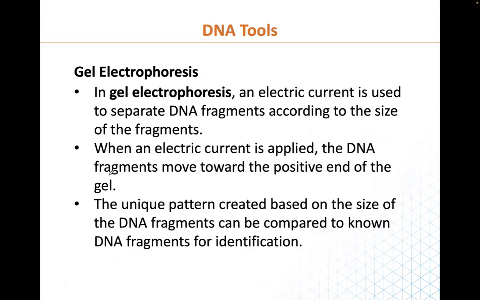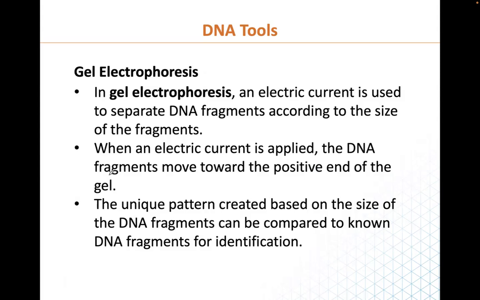Another DNA tool or methodology is gel electrophoresis. Gel electrophoresis uses electric current to separate DNA fragments according to the size of the fragment. When electric current is applied, the DNA fragments move towards the positive end of the gel.